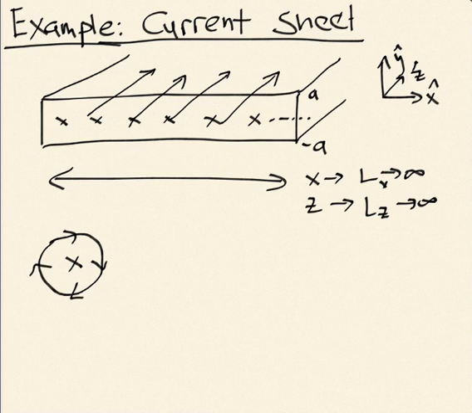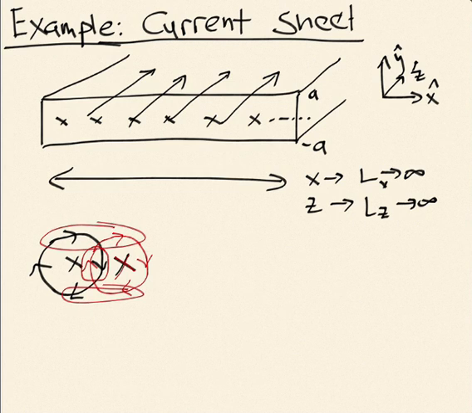Okay, and then it's as if you stuck another current right next to it, and here I can use different colors. So here's another wire that has current into the page, and it's going to have a magnetic field that circles around like this. And if you look in this region here, you see the two magnetic fields cancel. Up here they add together, down here they add.